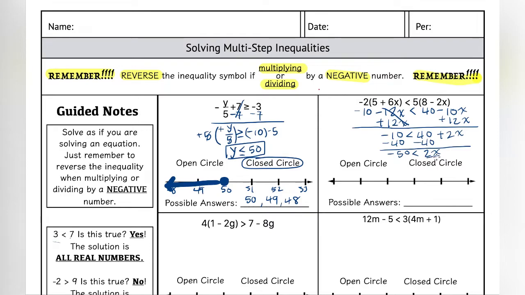And we're going to divide by 2 on both sides. And we are going to get negative 25 and x. Now to read this, again, we read the variable first. So this is x is greater than negative 25. So negative 25. Oops, that's negative 24, negative 23, negative 22.